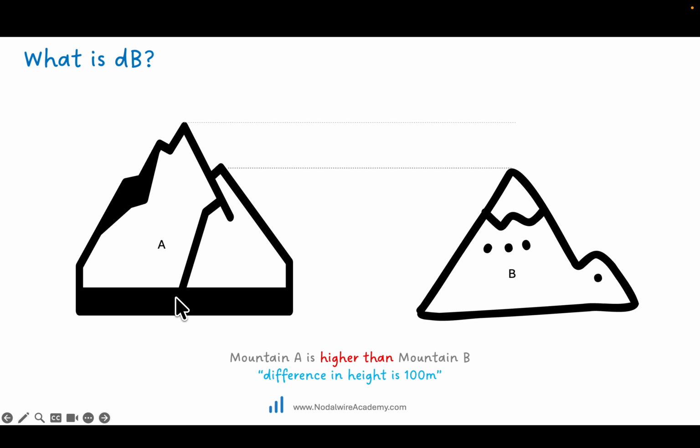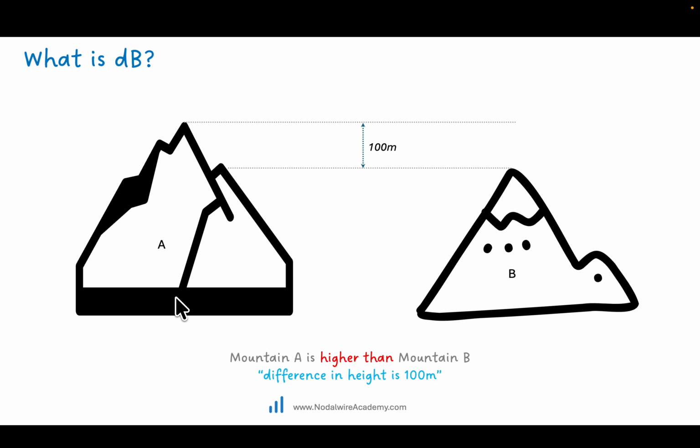Okay. Now let's move on to dB, where we are using decibel. Consider another scenario where we are comparing two mountains, mountain A and mountain B. If you look at the picture, we can say that mountain A is higher than mountain B by 100 meters. So what we are doing is comparing two mountain heights and finding the difference between them.